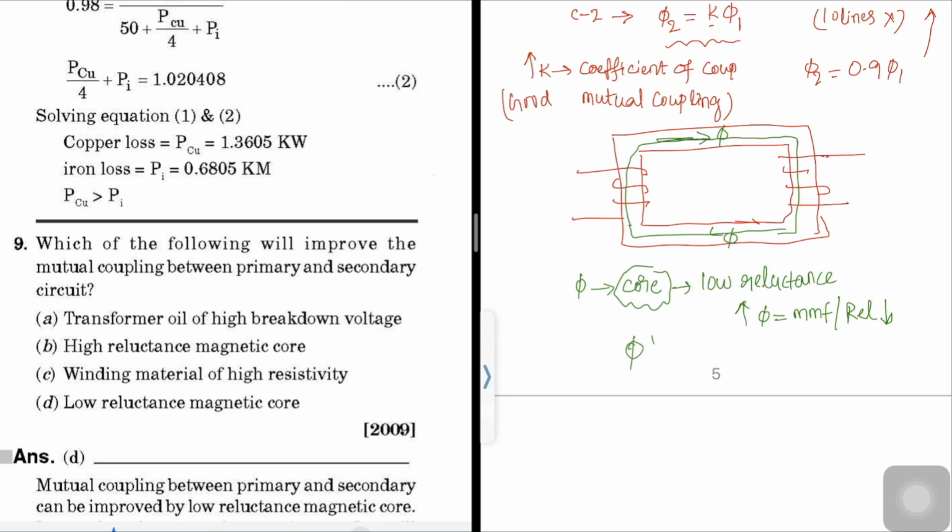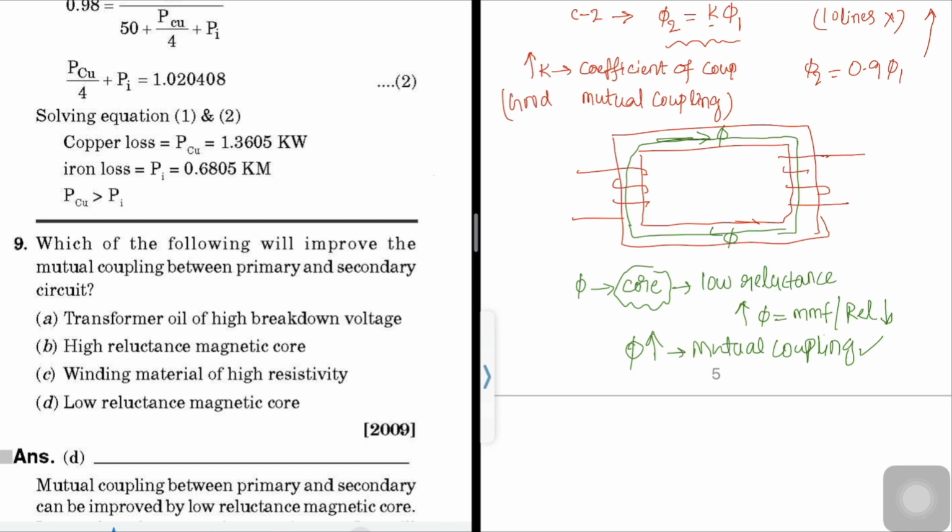If more flux is linked, it means there will be good mutual coupling, right? So if the reluctance of the core is high, then less flux will be linked with the secondary.